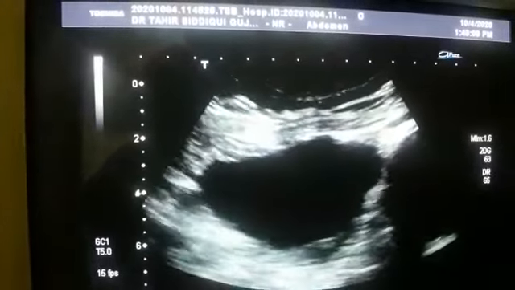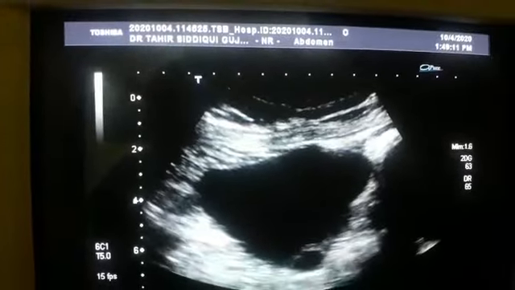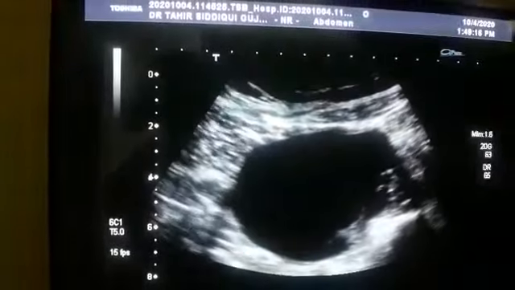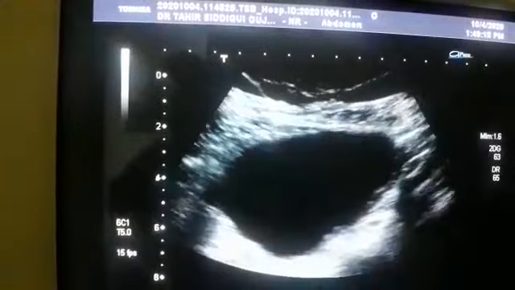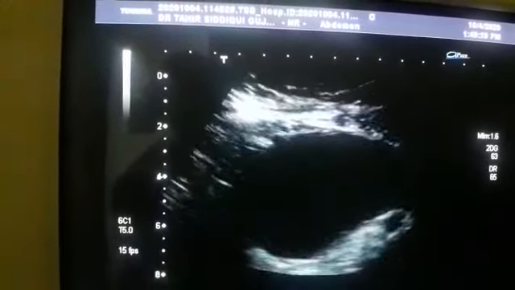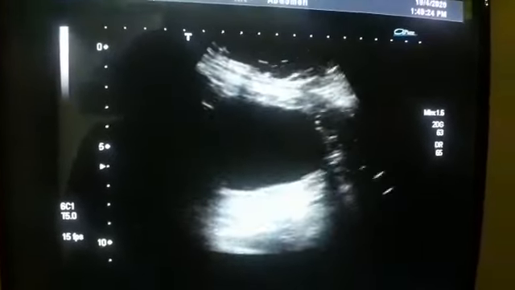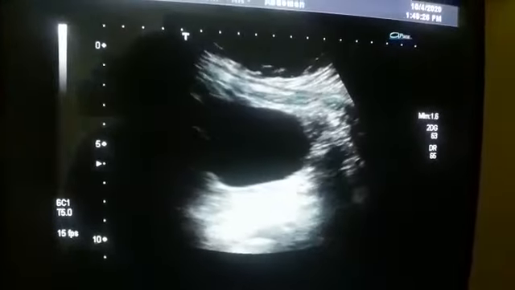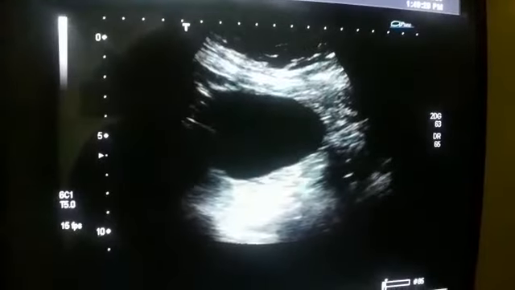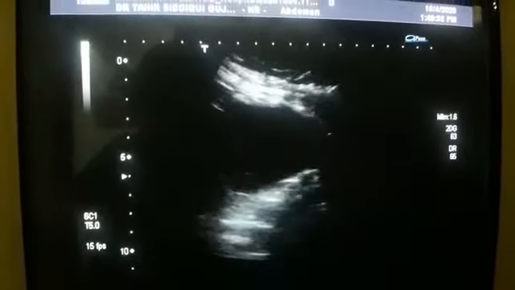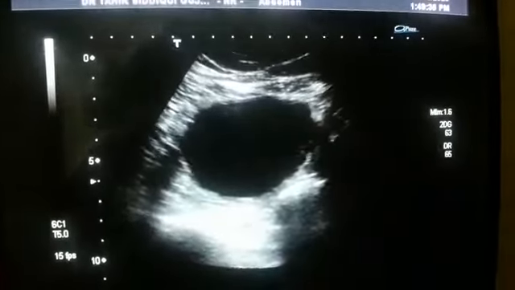Let us study this one. This cystic area, now I'm going to give a sweep to it, 180 degree. It does not change its shape, it retains its shape, is thin walled, shows posterior wall enhancement. This is the posterior wall enhancement, and a typical picture of a cyst.